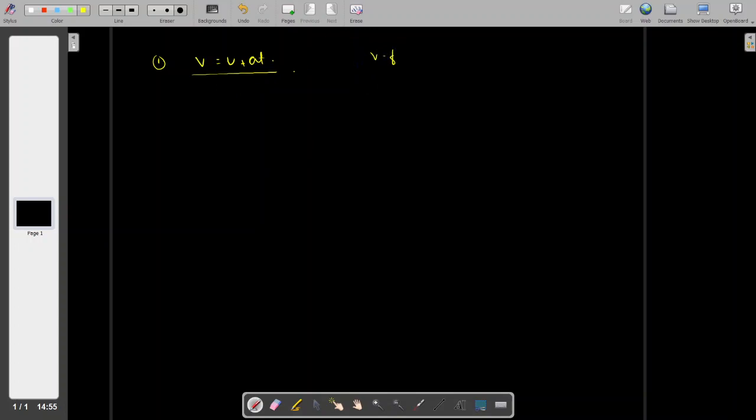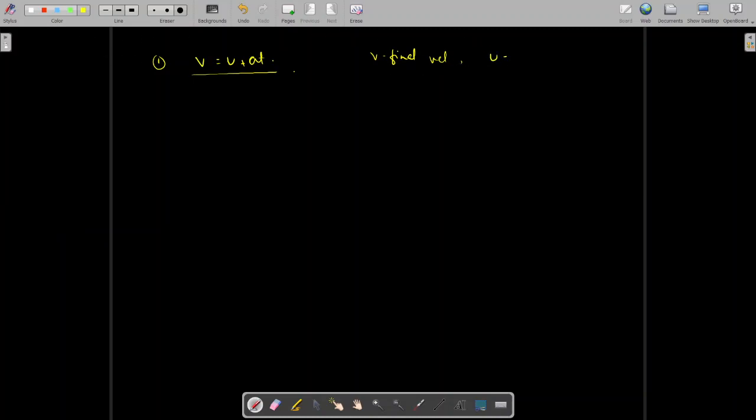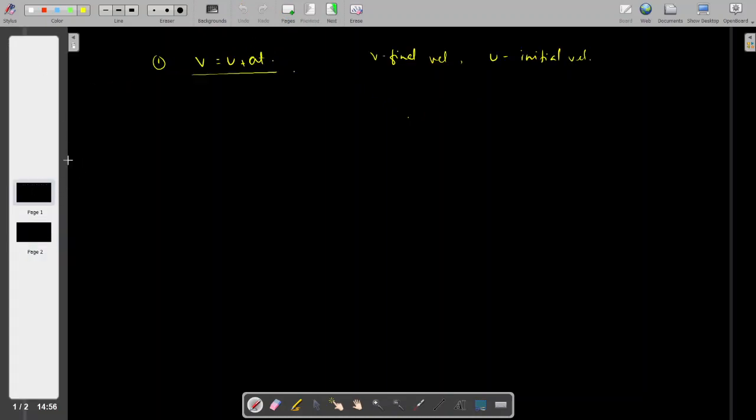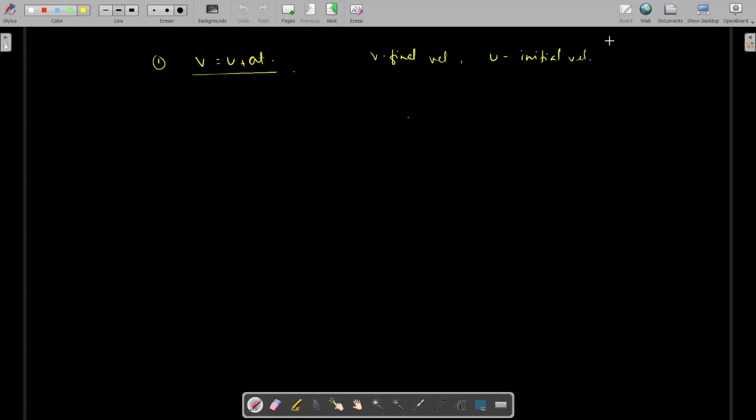Here v is your final velocity, u is the initial velocity, a is the acceleration, and t is the time.